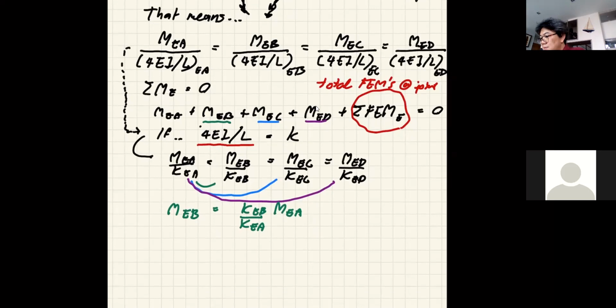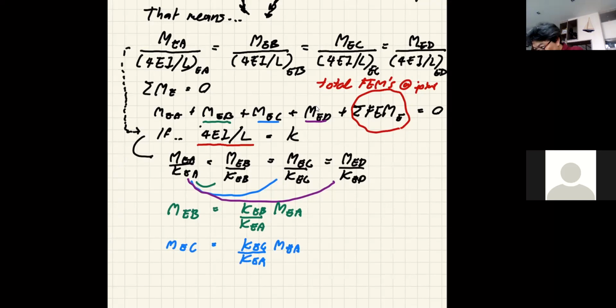And in a similar fashion, MEC can be written in terms of KEC over KEA MEA, and the purple one as well. So I don't think I need to write them.